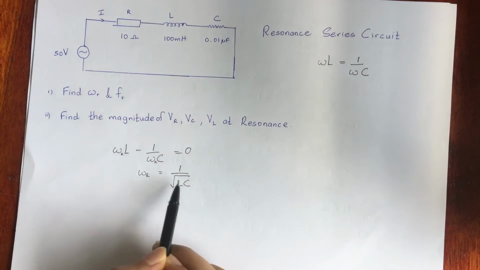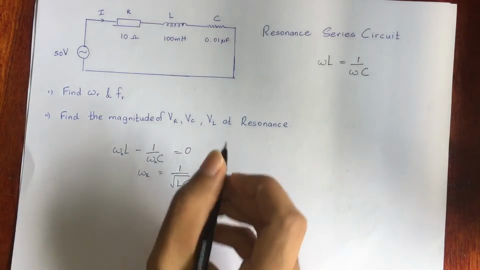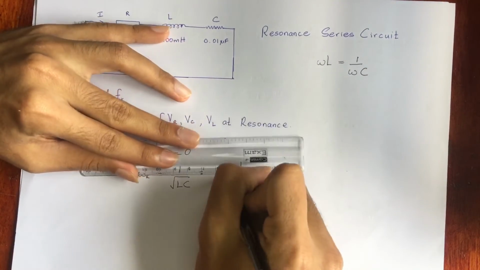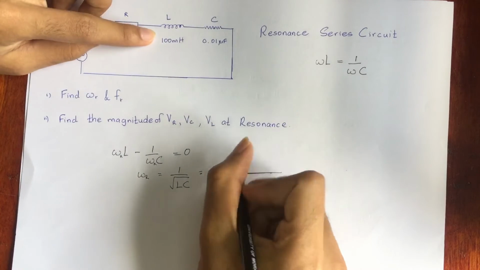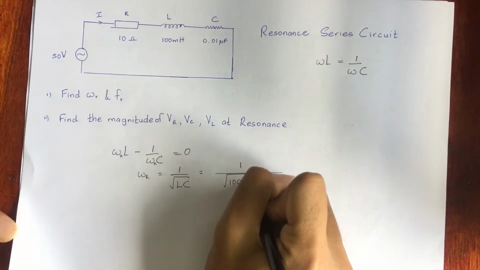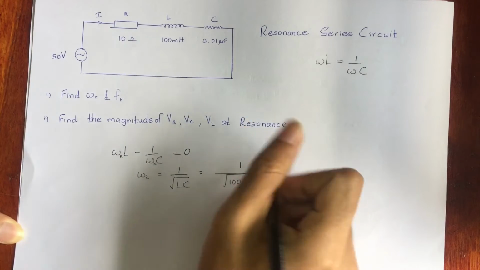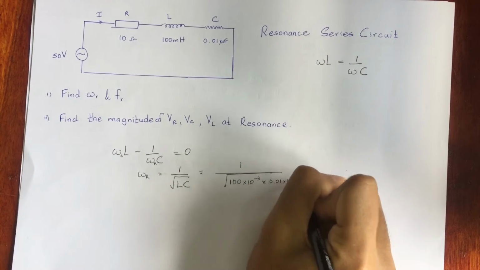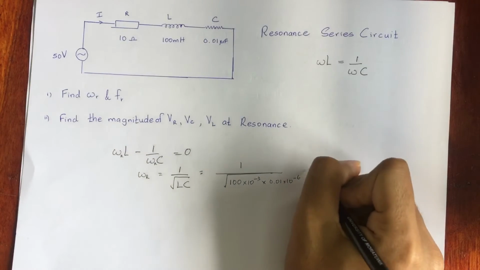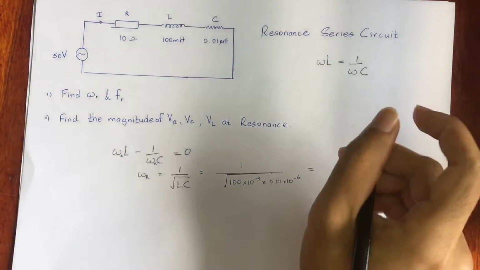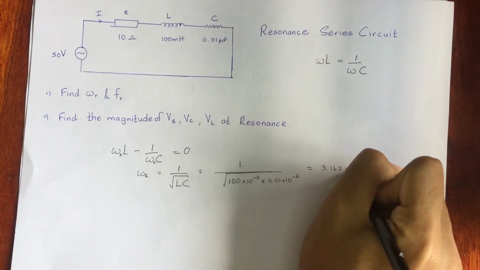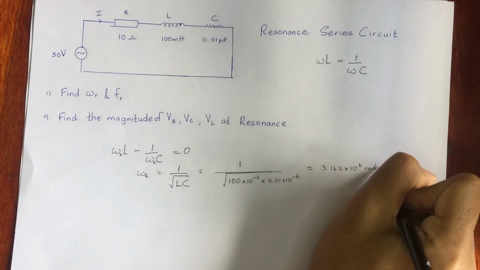The next part is to substitute the values of L and C here. L is 100 milli, which means 10 to the power minus 3, and the capacitance is 0.01 into 10 to the power minus 6. If you simplify this, you get the resonance angular frequency as 3.162 into 10 to the power 4 radian per second.